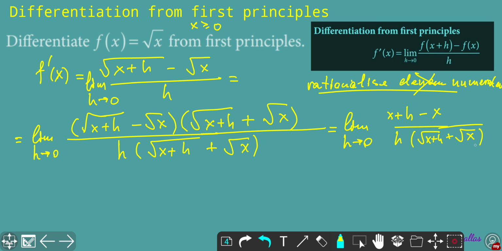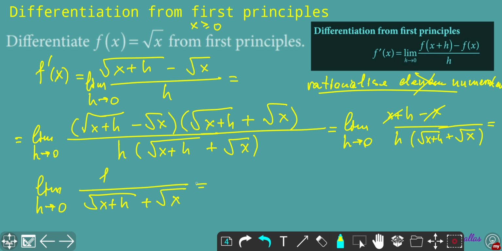Okay, so you've got this, and finally you take away x's, you cancel them, you're left with h on top, and you're taking the limit as h goes to 0. h and h will be cancelled, and you stay with the expression only in the bottom part: square root of x plus h plus square root of x.